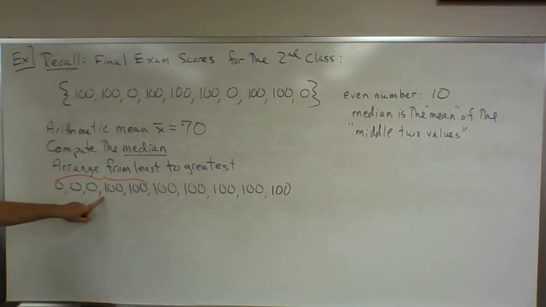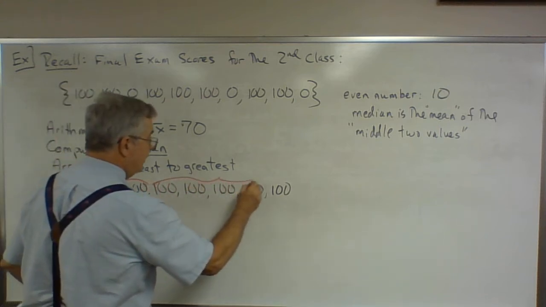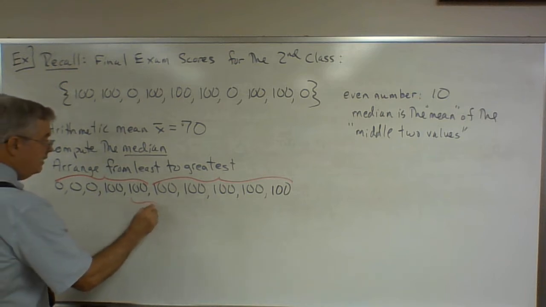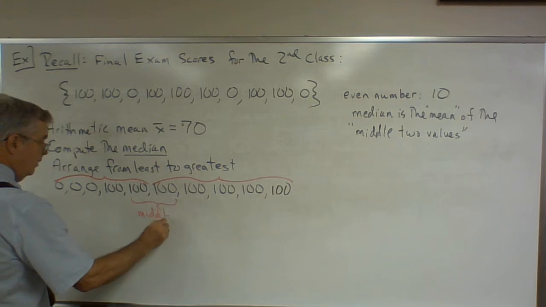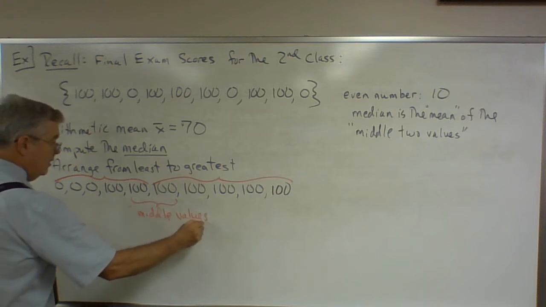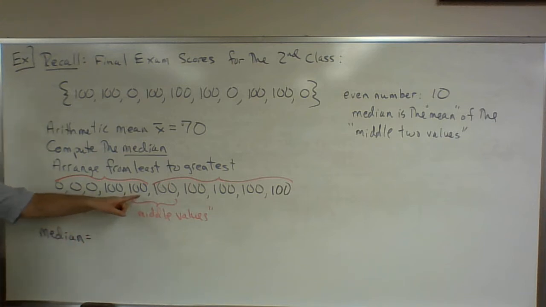These are the lower 5. And then we take the next 5. These are the upper 5. So these are the middle values. The median is going to be the arithmetic mean of those two values.